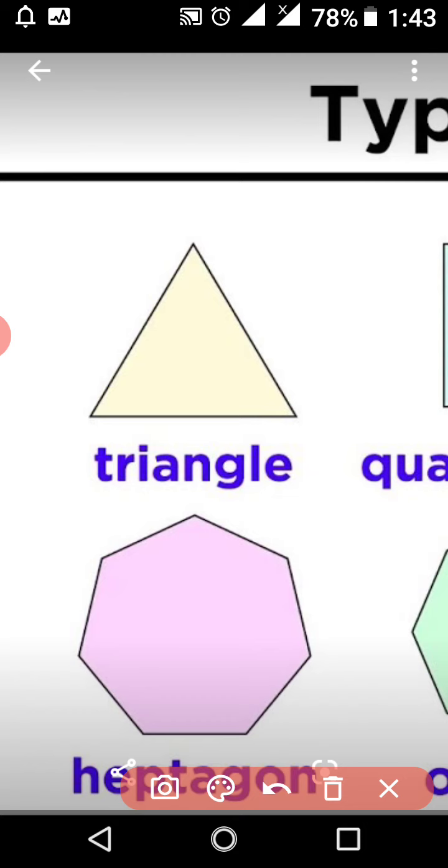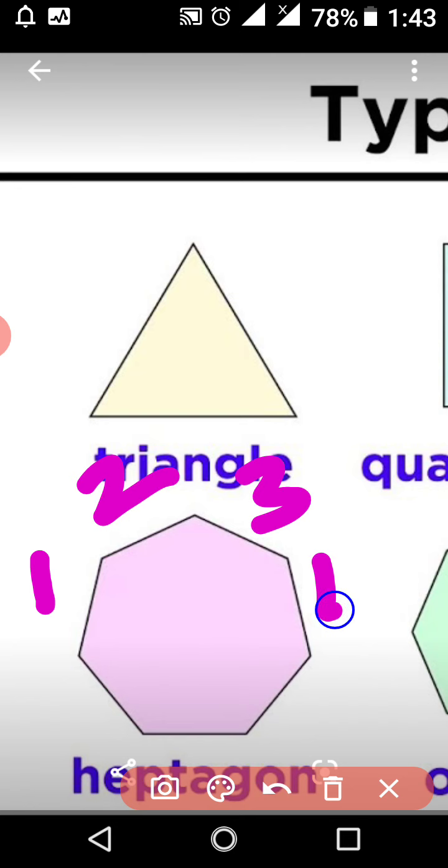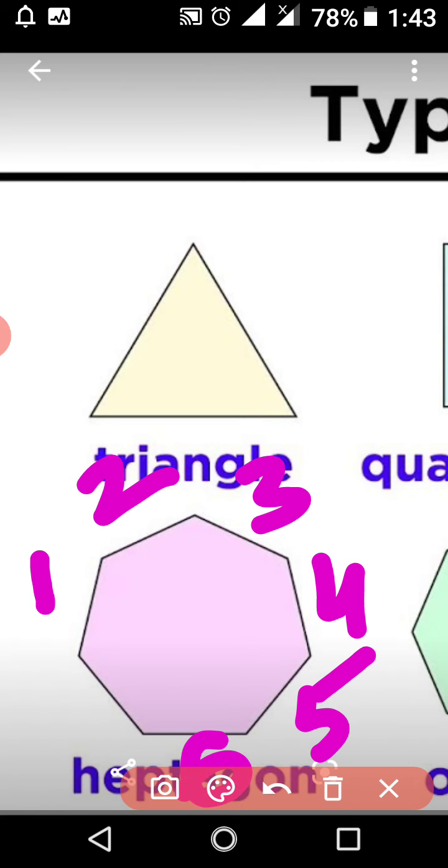A polygon which has 7 sides, 1, 2, 3, 4, 5, 6 and 7, is known as a heptagon or septagon also.